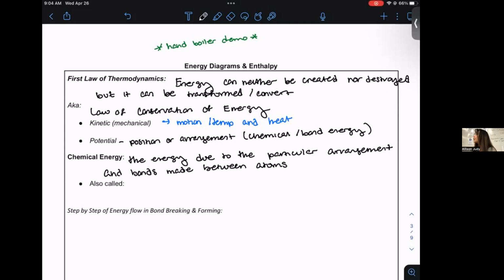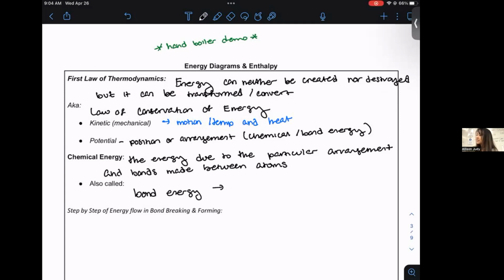It also can include the energy due to the result of particles in motion. It's kind of a generic thing. I'm going to highlight that we're going to particularly reference it in terms of the arrangement and bonds. So at this level of chem, we are going to treat it as pretty much equivalent to another term known as bond energy.